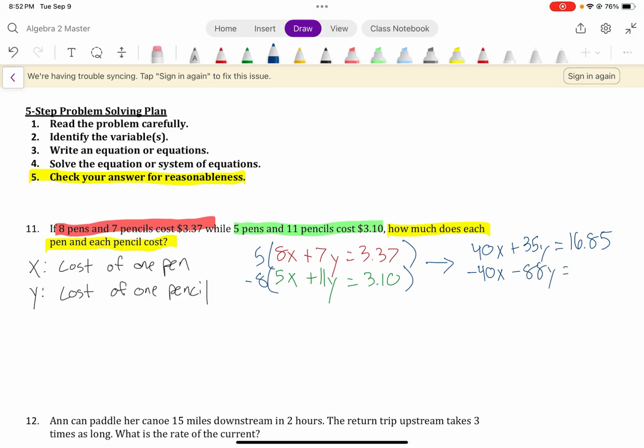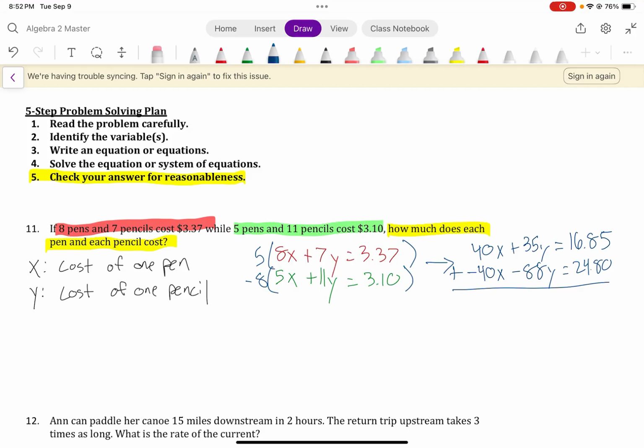When I do my -8 times 3.10, I'm going to get 24.80, because we're talking money here. I picked that one to eliminate x because I found that to be the fastest and easiest with the smallest numbers. If I wanted to eliminate y, I could, but everything's just going to be larger.